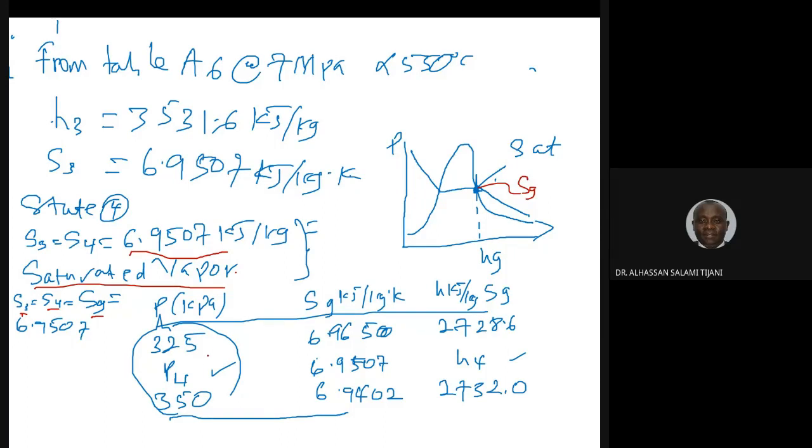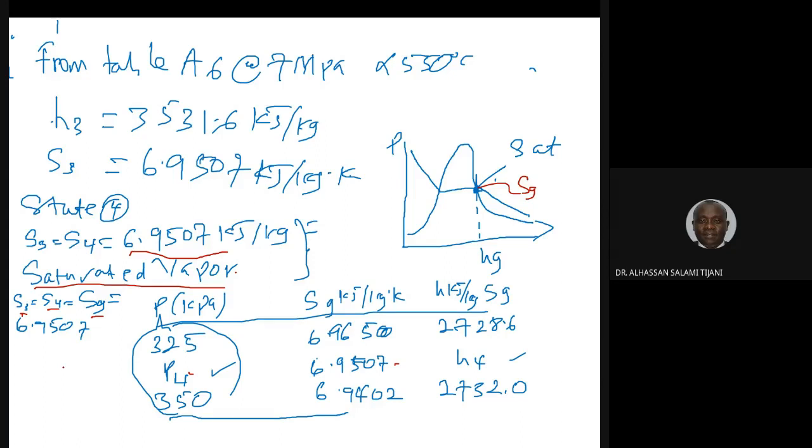So what we will do is like this. We will write down P4, and its entropy is this, and the enthalpy is also given by this H4, which we don't know. So now I'm going to take any range of pressure. Provided it is the water property table, you go to the pressure column.